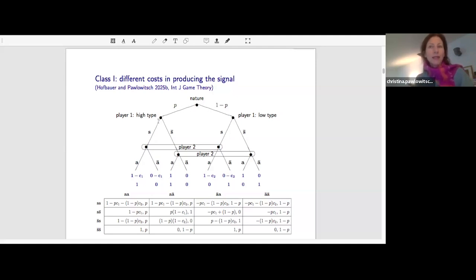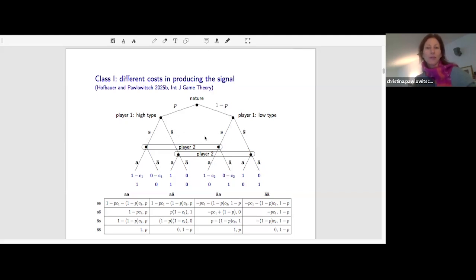There is a job candidate, so that's our player one. And this job candidate can be highly productive, or if you wish, highly motivated, or not highly productive, not highly motivated. So we assume, or we write, that with the probability little p, that's the high type, 1 minus p, that's the low type. And now this job candidate can express a costly signal or not, S and S bar.